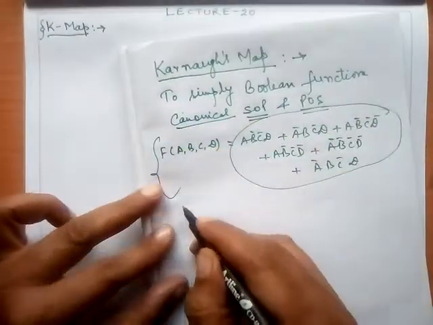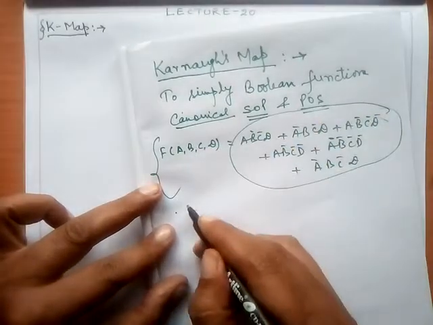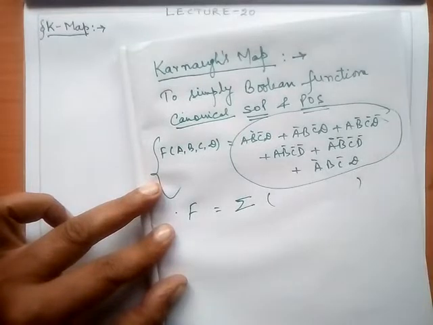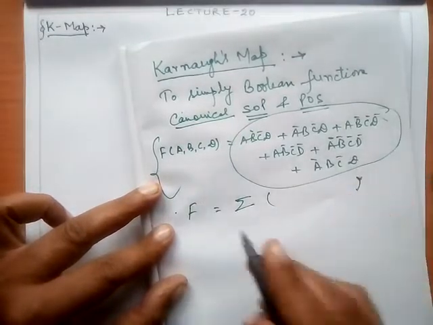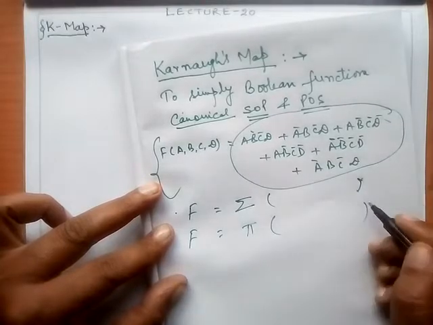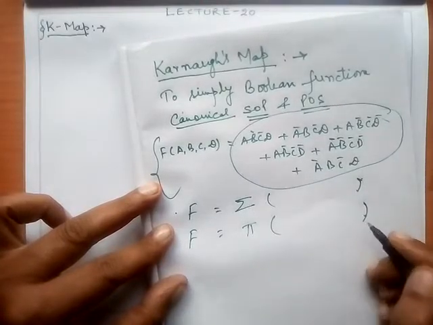Generally you have this expression, these are canonical. I say that f is equal to a summation of some minterms, or I say that f is a product of certain maxterms, which I have already discussed in the previous lectures.